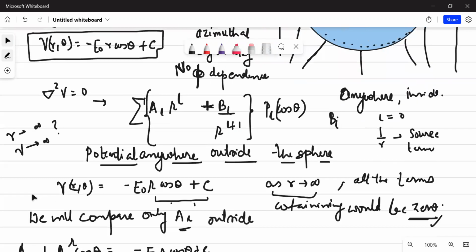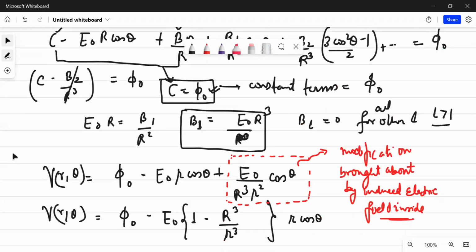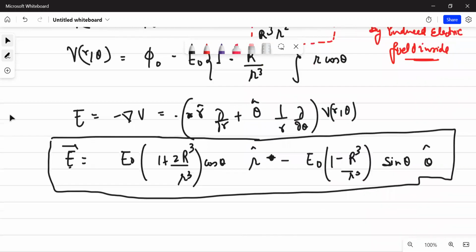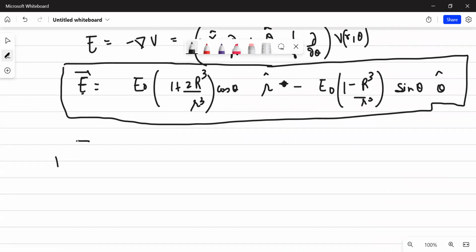So how do we find the charge density on the sphere? Just outside the sphere, I can write sigma upon epsilon naught as E n.